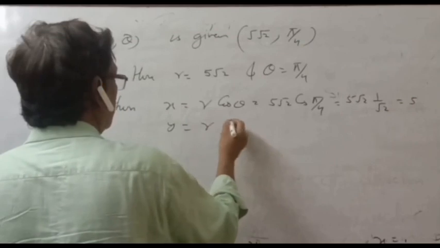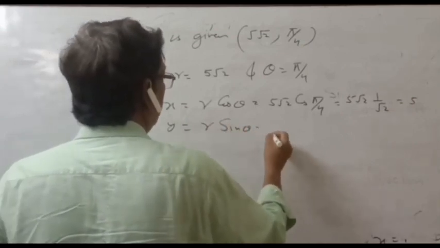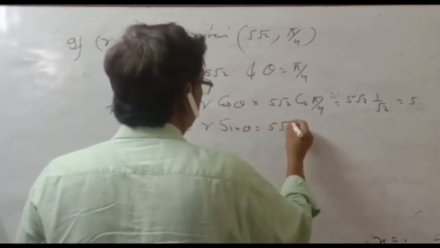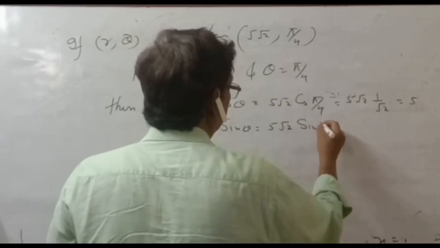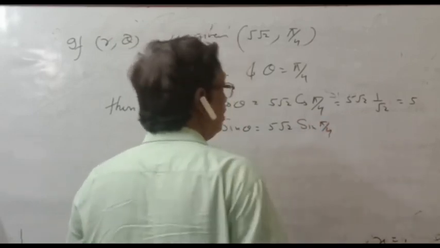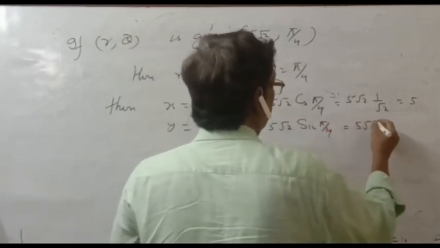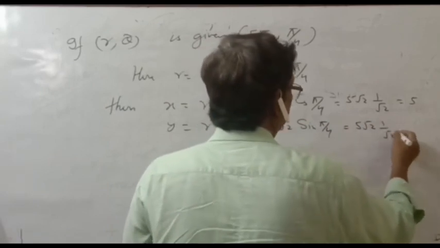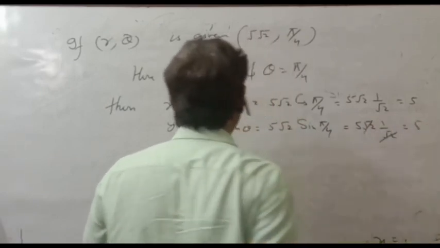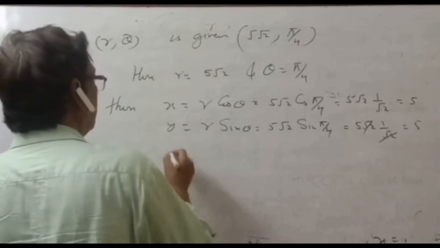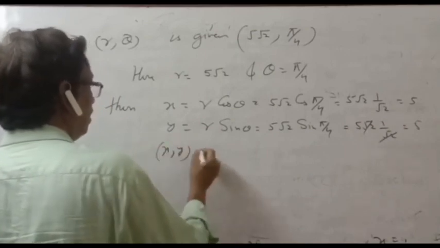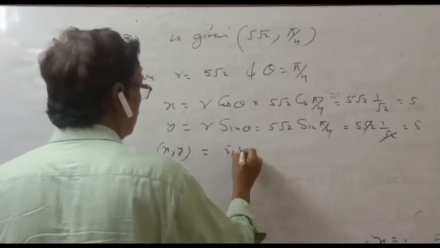Y is equal to r sin theta, that is 5 root 2 sin pi by 4, that is 5 root 2 times 1 by root 2, that is 5. Hence (x, y) is equal to (5, 5).